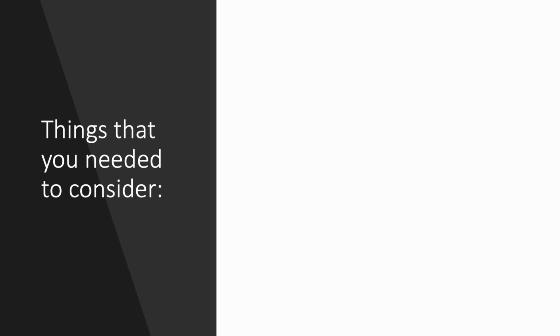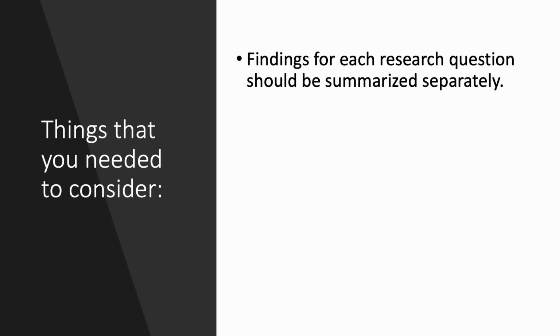Okay, what are the things that you need to consider in writing chapter 5? Findings for each research question should be summarized separately. Okay, you can't summarize it like a synthesis, no, that's different.